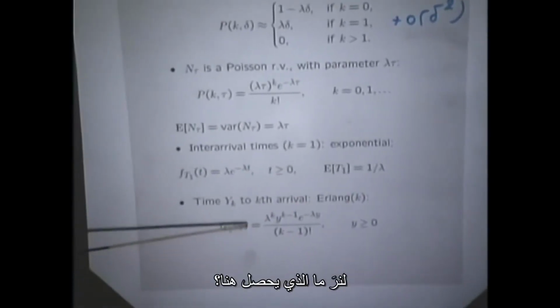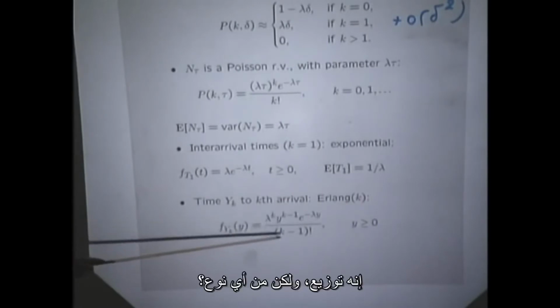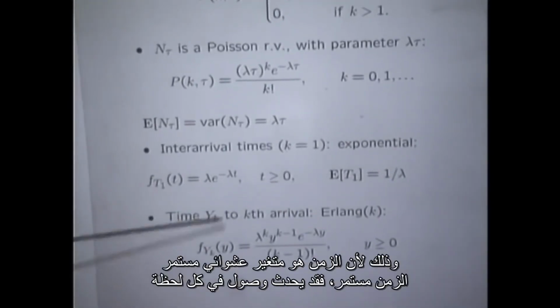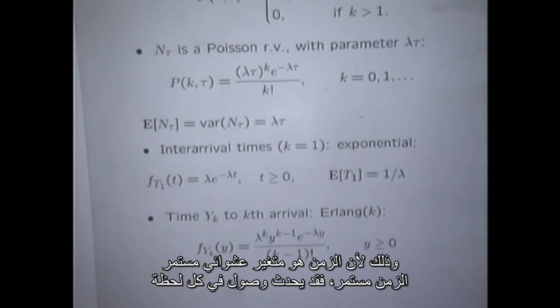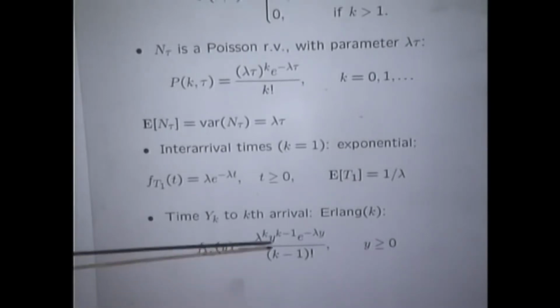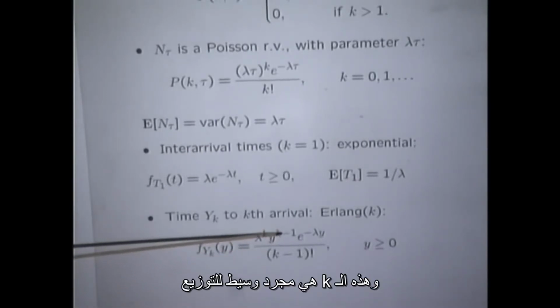So let's see what's going on here. It's a distribution of what kind? It's a continuous distribution. It's a probability density function. This is because the time is a continuous random variable. Time is continuous. Arrivals can happen at any time. So we're talking about a PDF. This k is just a parameter of the distribution.